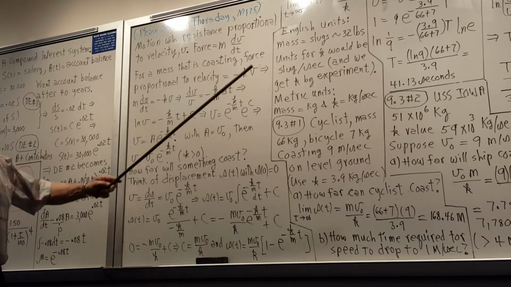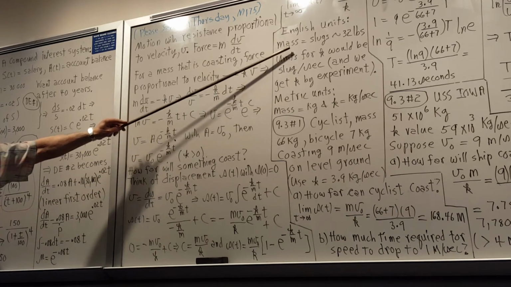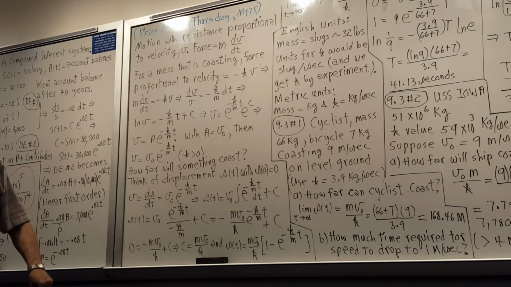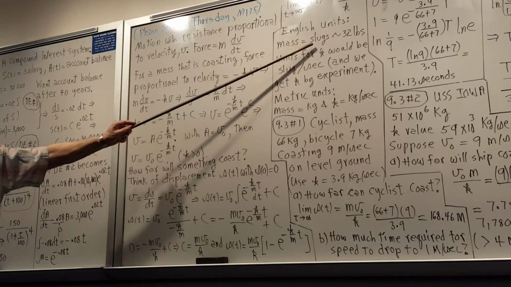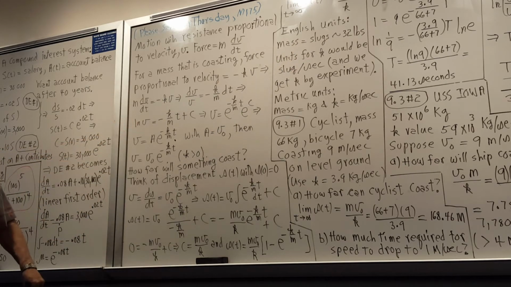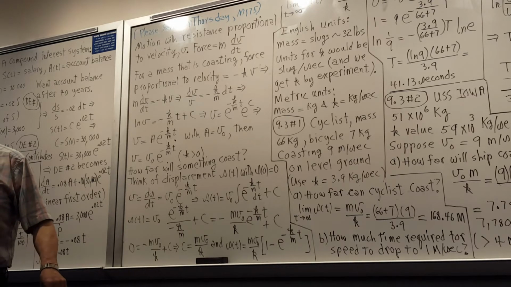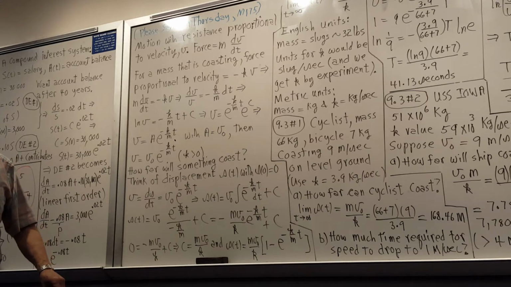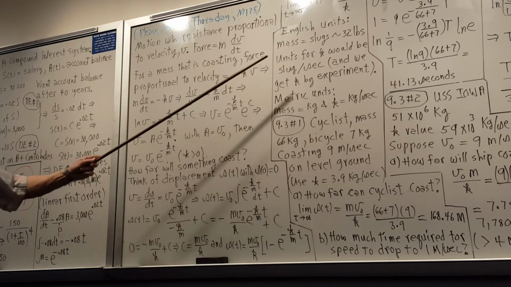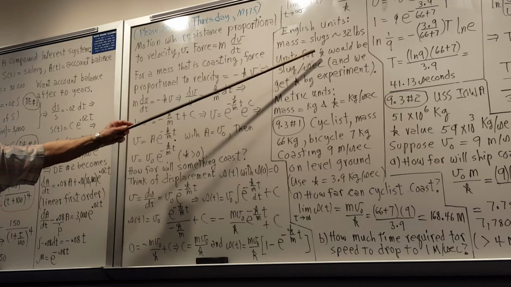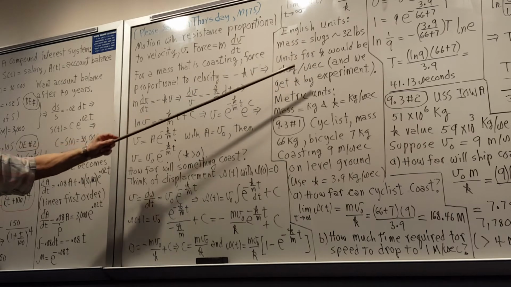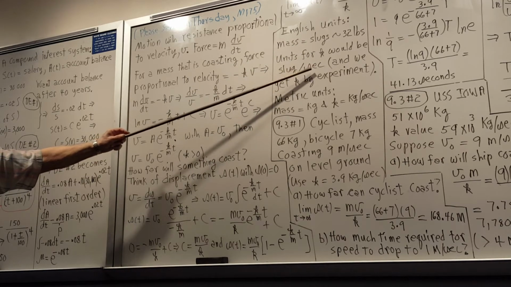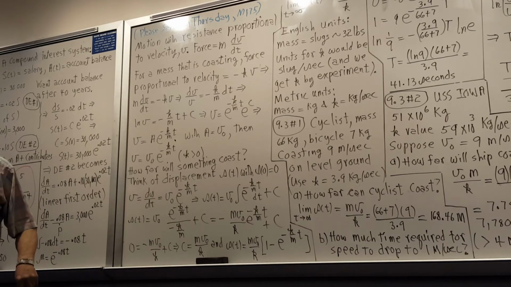So using that, if you take whatever something weighs in pounds and divide by 32, your quotient is mass and the unit is slugs. And just who decided to call it a slug, I don't know, but somebody in England in the 1700s certainly. And the units then for k, for English units, would be slugs per second, which you'd have to get by experiment.